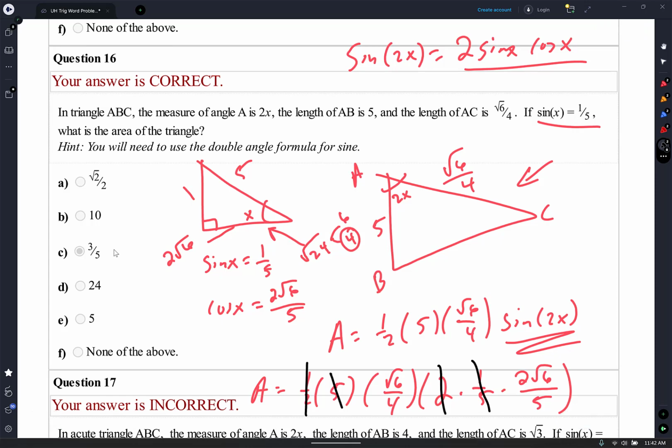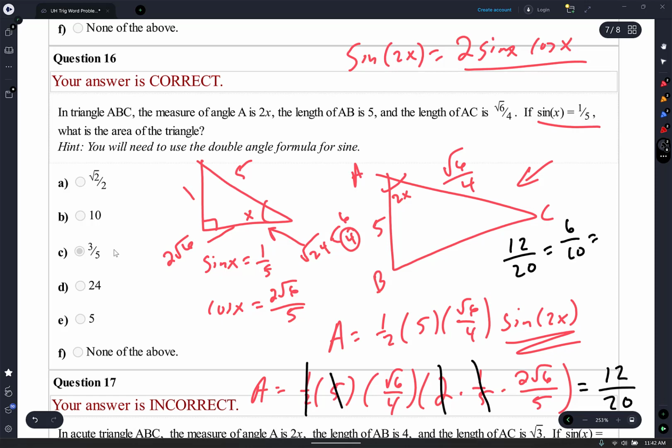So I see square root of 6 times square root of 6, that's 6 times 2, that's 12, so I see 12 in the top. And then 5 times 4, that's 20. So this reduces 20 over 12. Well, if you don't see it immediately, you can just break it down by 2, right? So 6 over 10, which breaks down by 2 again because they're both even. So 3 over 5.